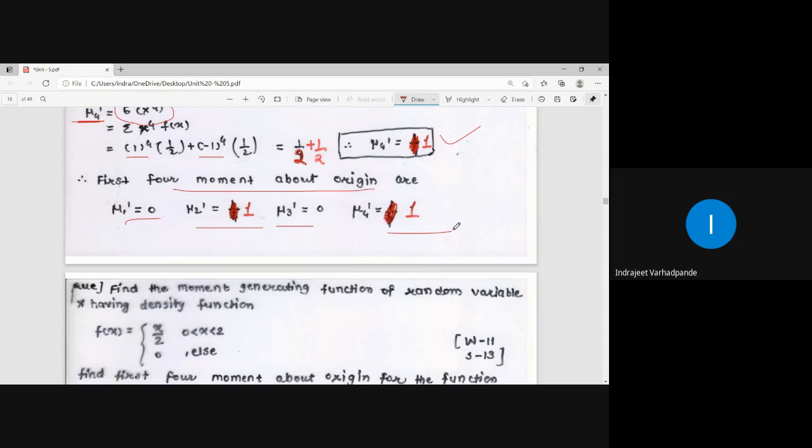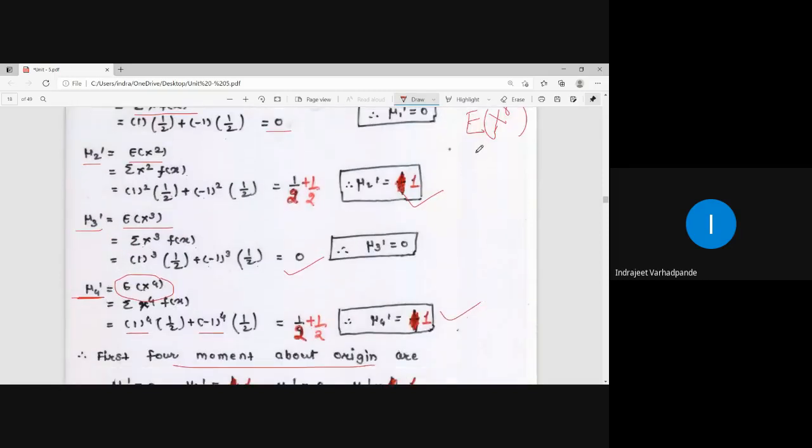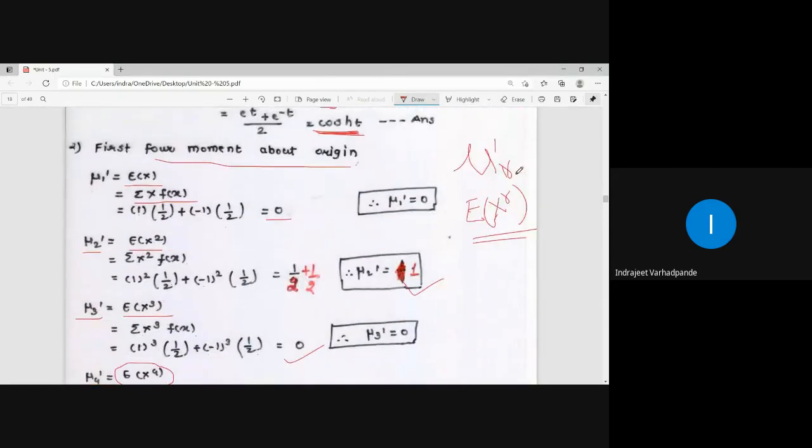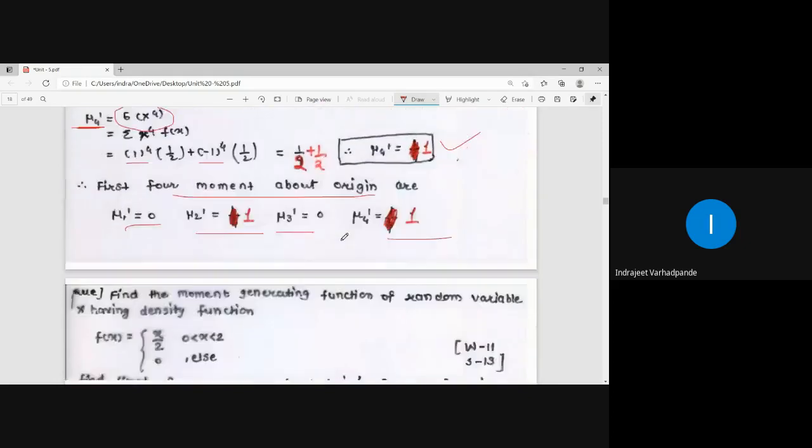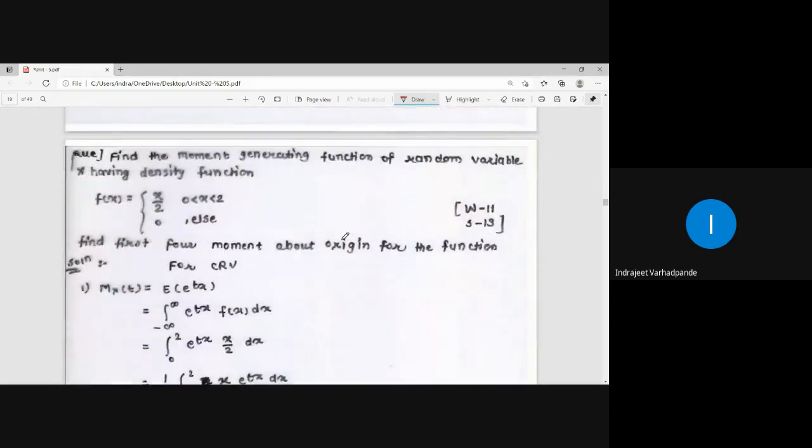So this was the example, or case, of a discrete random variable where we had the moment generating function and moments about origin. The definition of moment about origin is mu r dash equals expectation of x to the power r, either by Taylor series expansion or by taking derivatives of the moment generating function, you get the moments about origin. This is the way of calculating the moment about origin.